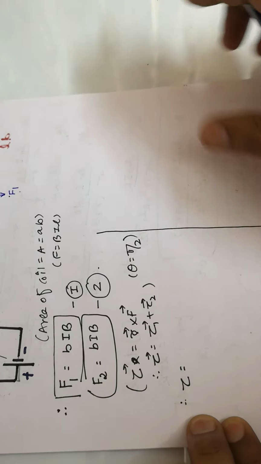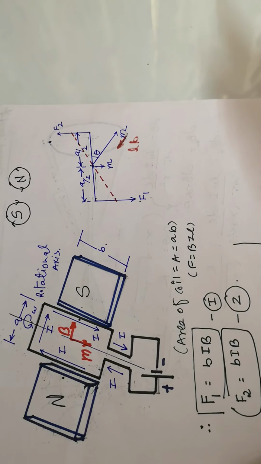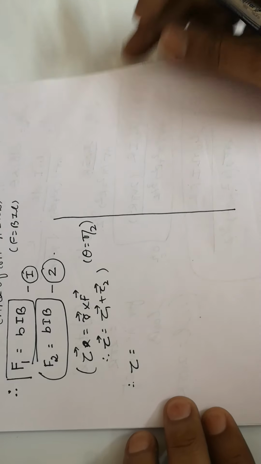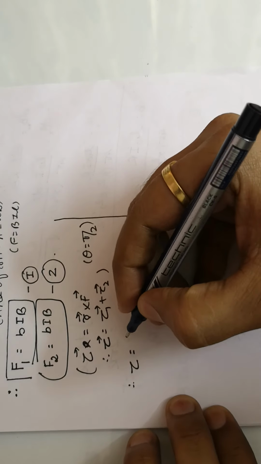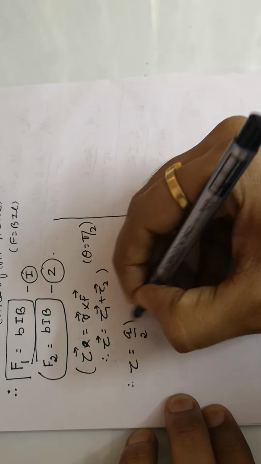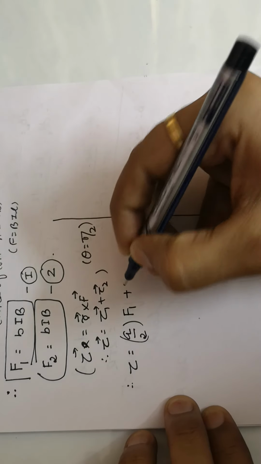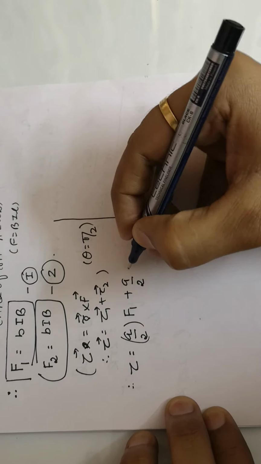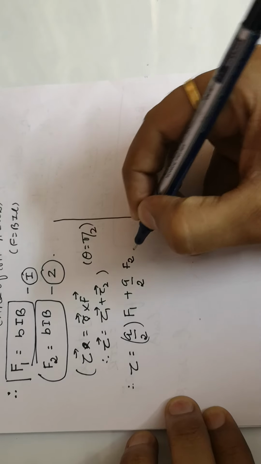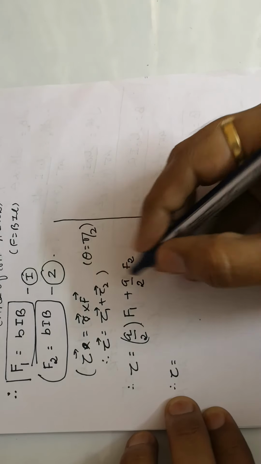You can see that this is the perpendicular distance I have, a by 2, and my force is in the opposite direction, so both are perpendicular to each other. So first of all, the perpendicular distance is a by 2 and my force is F1. Same is the case that my perpendicular distance is a by 2 for the second, and now I am saying that F1 and F2 are both equal.